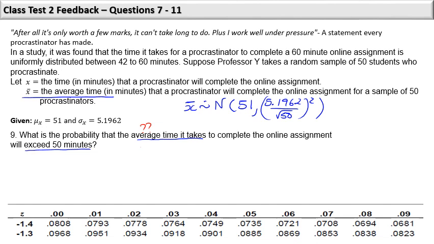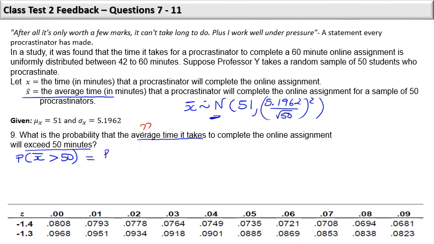Now, I said to you, whenever you calculate probabilities, the first step is to write your probability statement. We are asked the probability that the average time will exceed 50 minutes. Because we are dealing with a normal random variable, what's the next step? You will recall that the next step is to standardize.